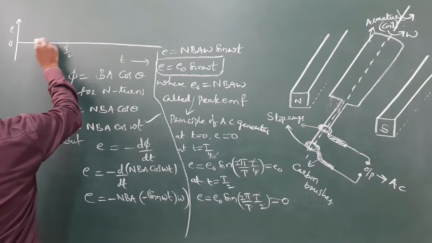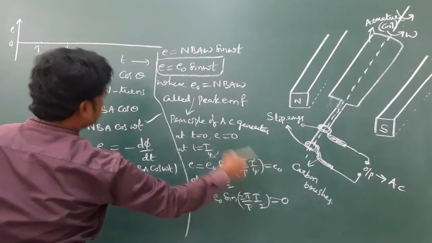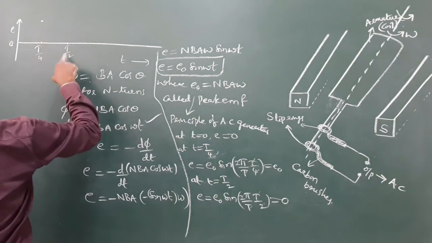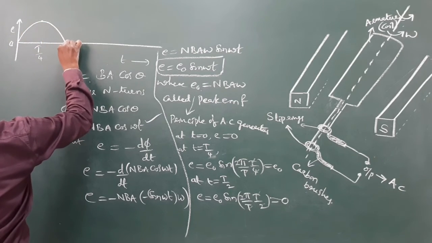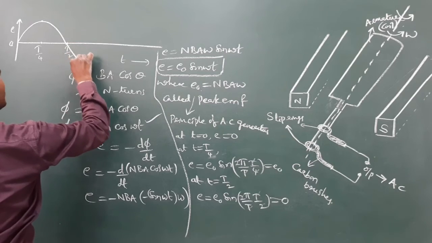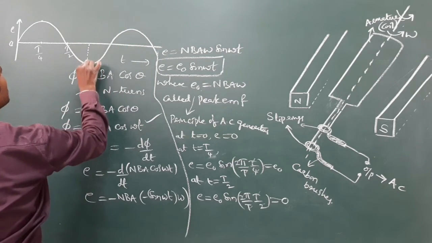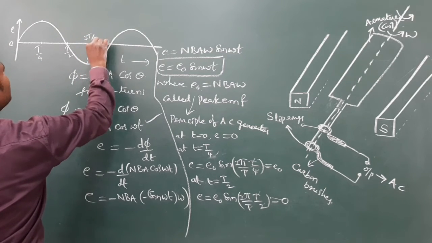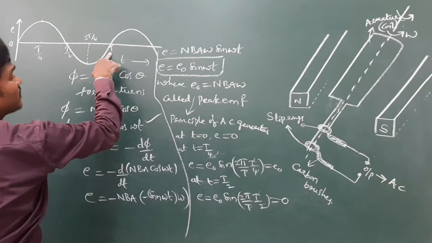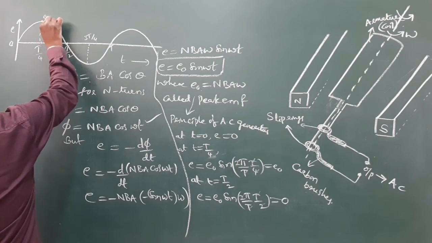At 0, EMF is 0. At T by 4, EMF is maximum. At T by 2, EMF is 0. So you will get a graph like this. It is nothing but a sine curve. Then T by 4, 2T by 4, 3T by 4, 4T by 4, one time period. Here this is the maximum EMF.